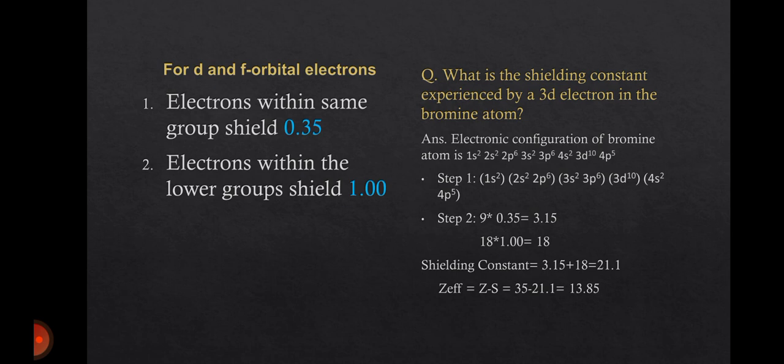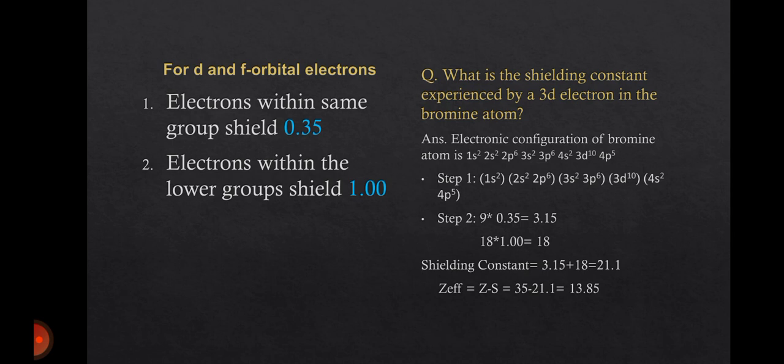Second step. For d and f orbital electrons, first, electrons within the same group shield 0.35 each. We have to find the screening constant of one electron present in the 3d orbital. There are 10 electrons in the 3d orbital, so the remaining electrons are 9. So 9 multiplied by 0.35 is equal to 3.15.